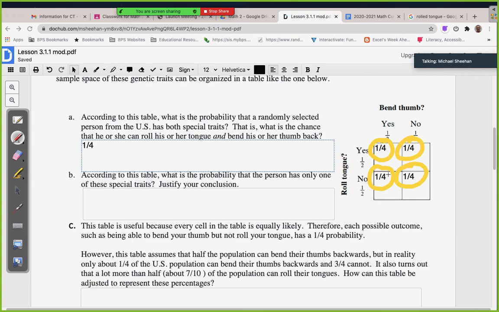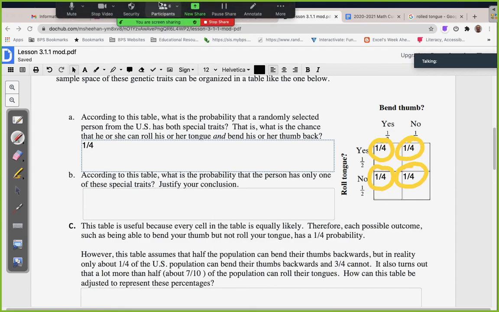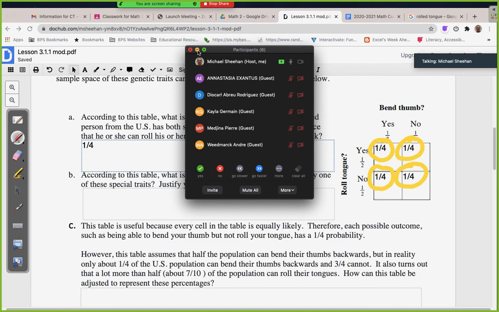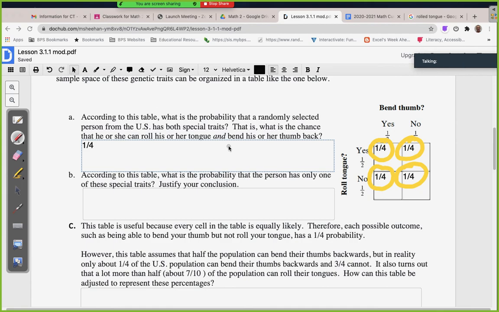Are you there, Magina? It says you're here. Are you not sure, or what's going on? All right, Anastasia, can you help her out? How many of those 4 categories represent people who can just do one thing, but not both?